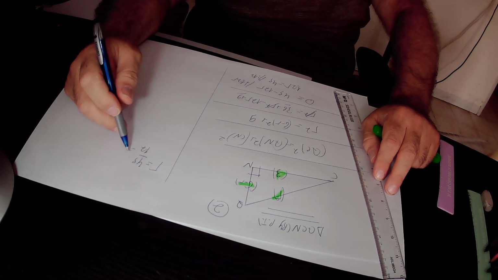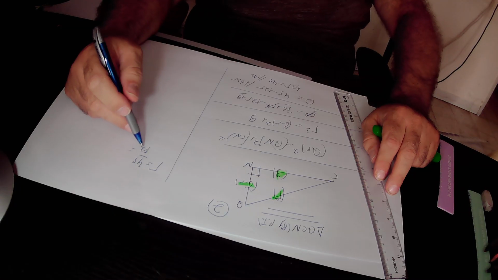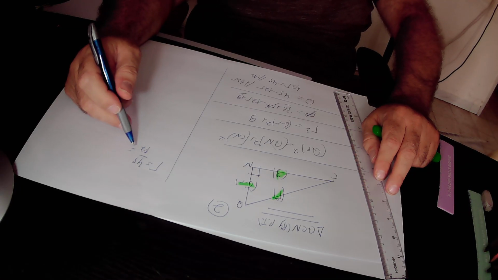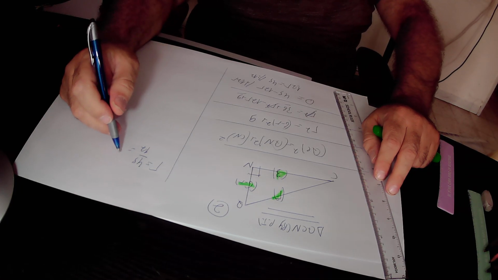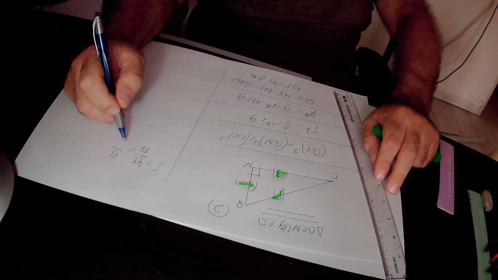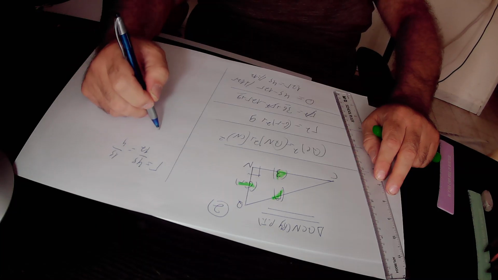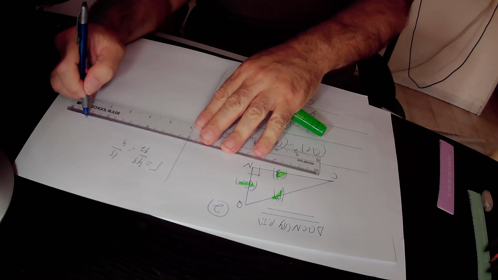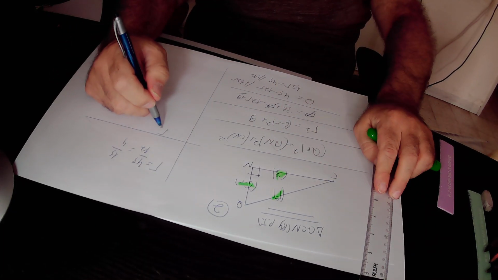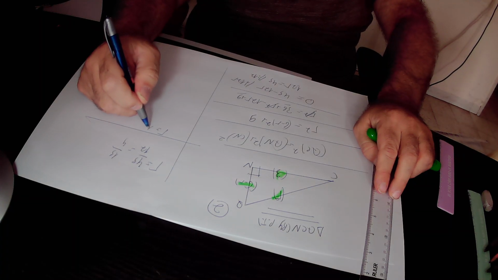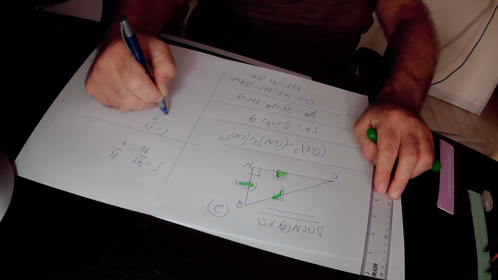Here we divide both the numerator and the denominator by 3 and get that 45 over 3 is 15, and 12 over 3 is 4. So in total, the radius R equals 15 over 4 units in its length.